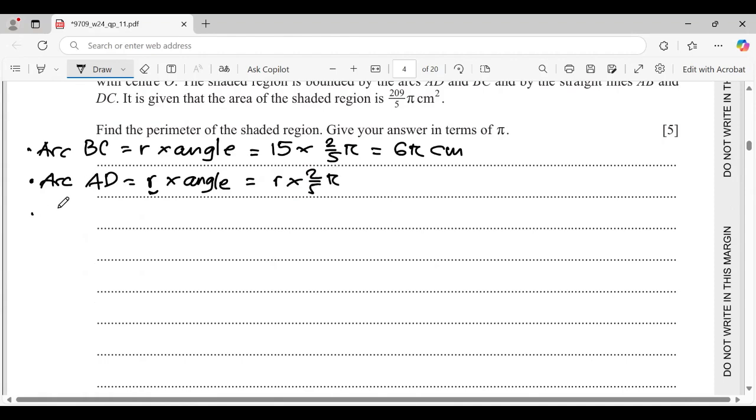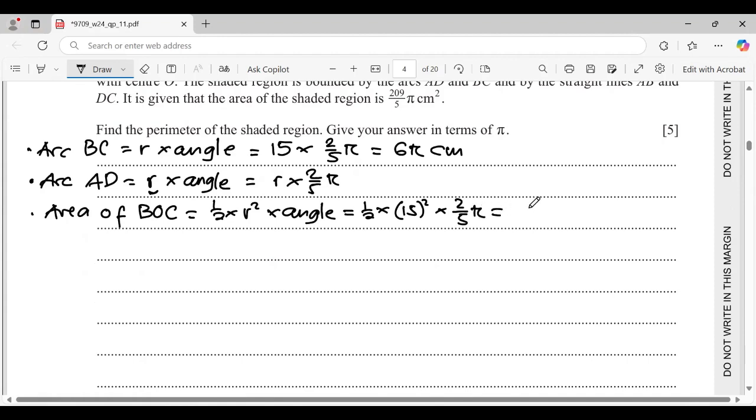And after that, the area of sector BOC is 1/2 times R squared times angle. It is 1/2 times 15 squared times 2/5 pi.